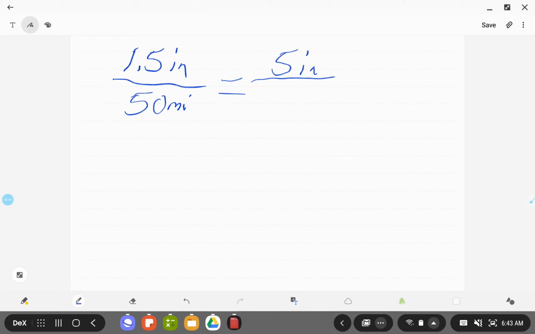Well, if every inch and a half of the map is 50 miles, and you have 5 inches, you're looking for that missing mile count. So this is set up like a proportion, which you guys should be very used to seeing by now, because we've done a lot of these. You can multiply across with the one we call the butterfly method. You multiply across, and you divide the leftover piece.